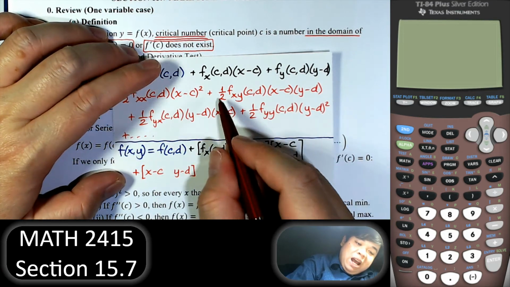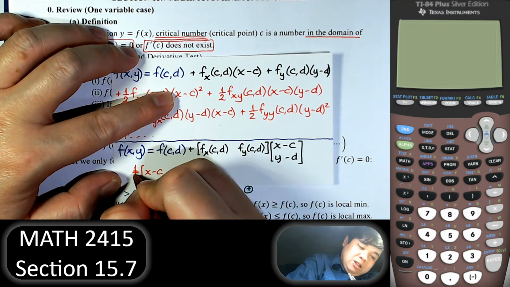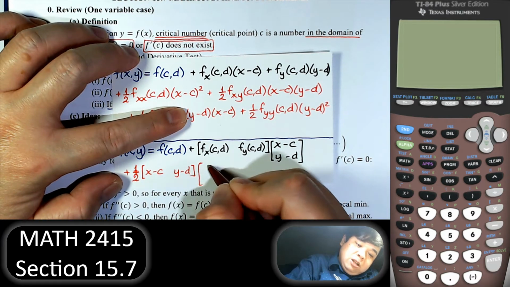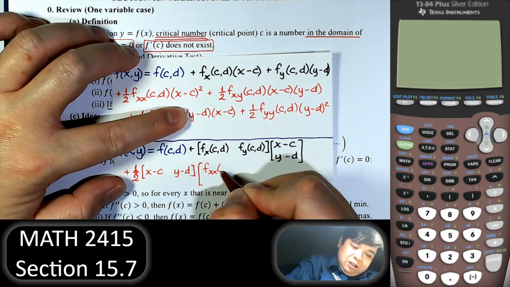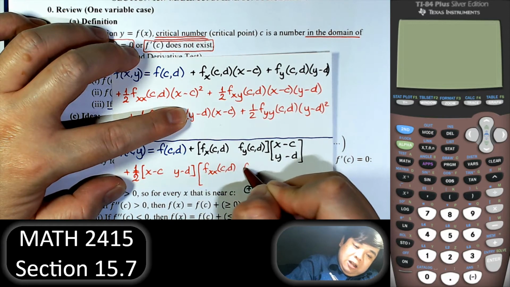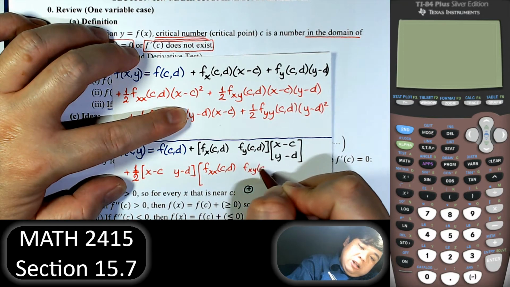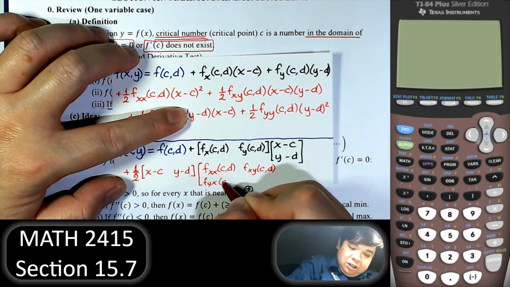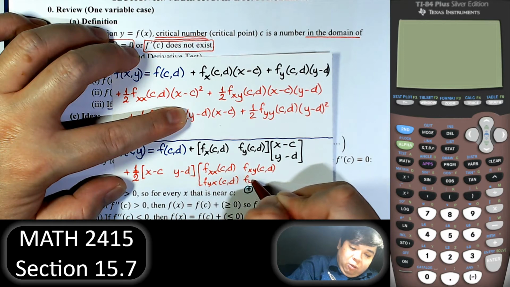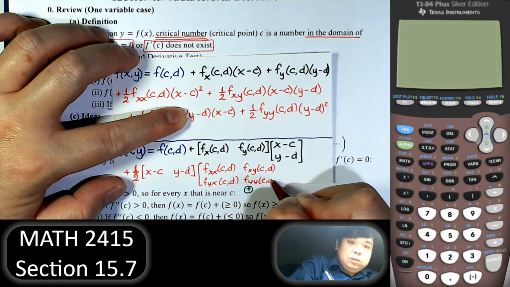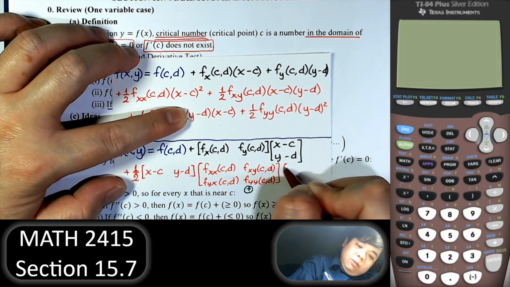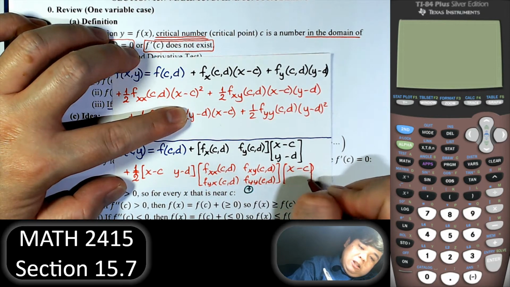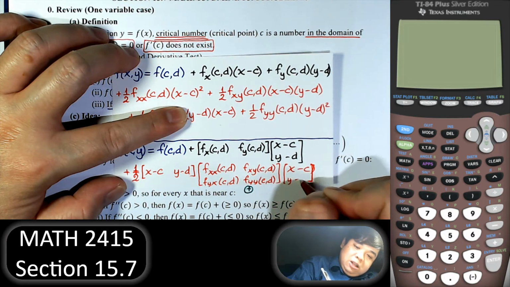By the way, there's a 1/2 in the Taylor series. And then we have the Hessian matrix f_xx, f_xy, f_yx, f_yy, multiplied by (x minus c, y minus d).